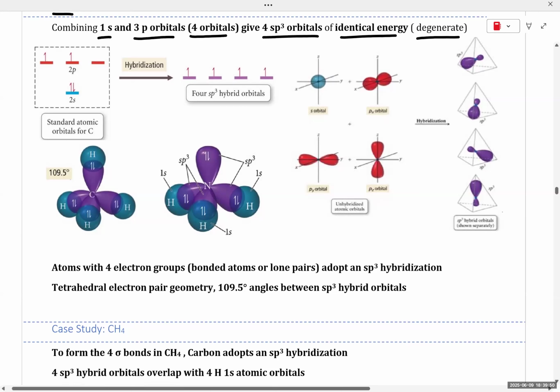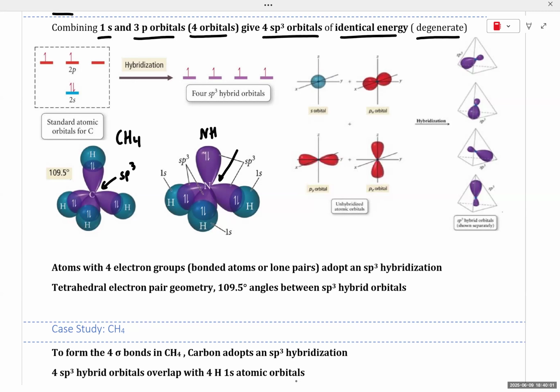Now, examples of atoms with an sp3 hybridization include the central carbon of methane and the central nitrogen atom of ammonia. Atoms with four electron groups, be it bonded atoms or lone pairs, adopt an sp3 hybridization.